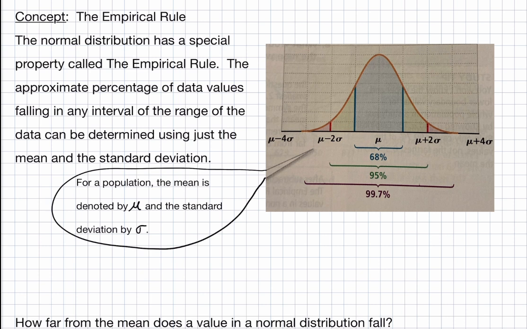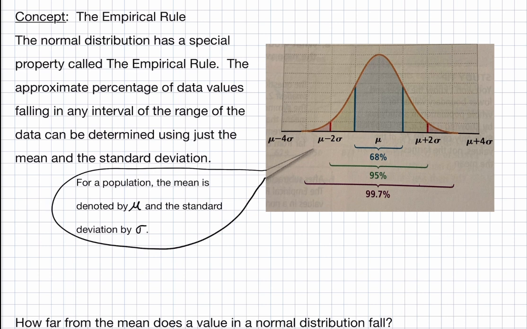And the empirical rule says that 68% of the population would fall in this first standard deviation. Then the next deviation would be two standard deviations, and this would cover 95% of the population. And then if we go out to 3 standard deviations, so 1, 2, 3, on both sides of the normal curve, this would cover 99.7% of the population.